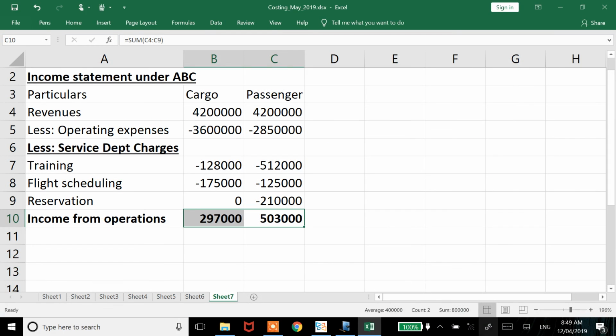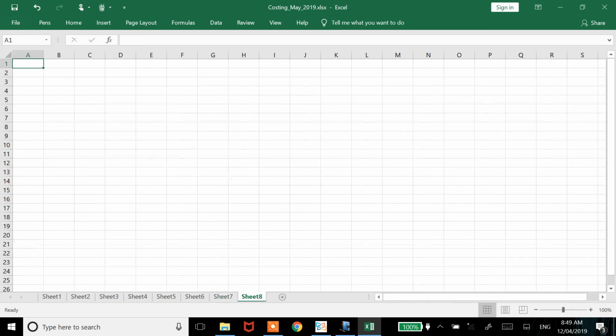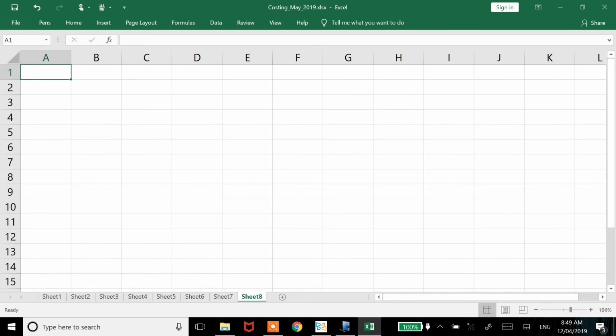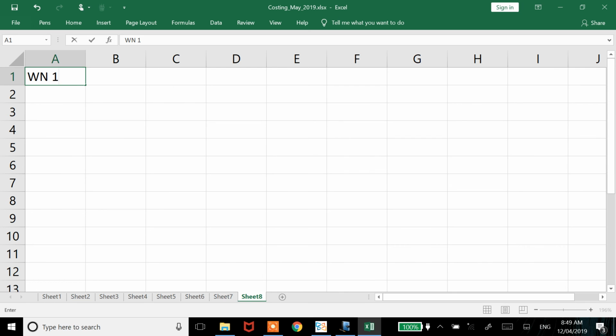Working note 1, cost driver rate under ABC.